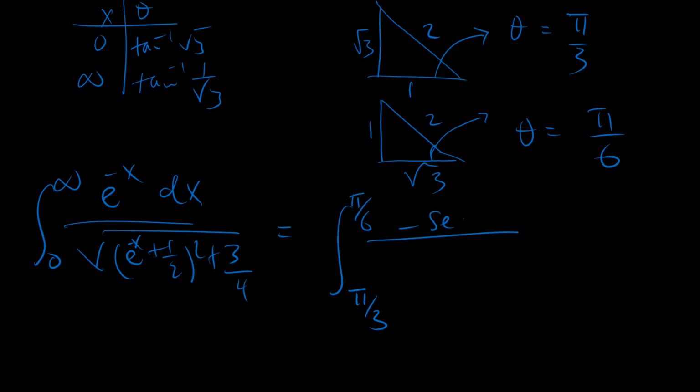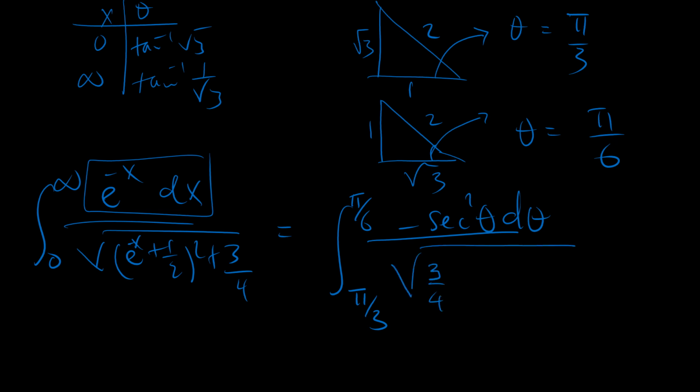negative sec squared d theta for this part here. And then under the integration sign we have 3 over 4 tan squared theta plus 3 over 4. This negative allows us to flip the limits.